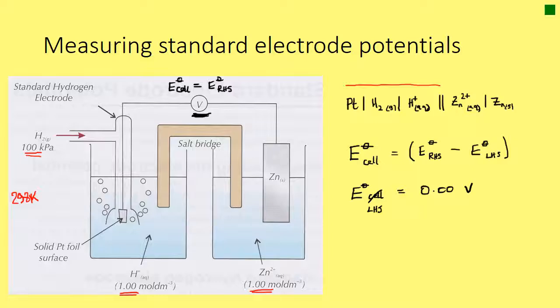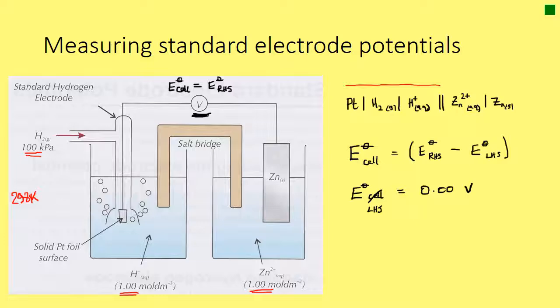So let's measure some standard electrode potentials, or at least one anyway. But first, let's remember that the standard electrode potential of a half cell is the voltage measured under standard conditions when the half cell is connected to a standard hydrogen electrode. Okay, so let's connect a zinc half cell to a standard hydrogen electrode.